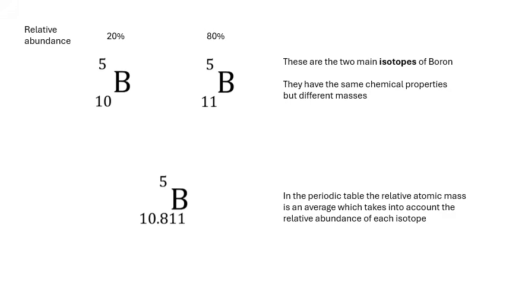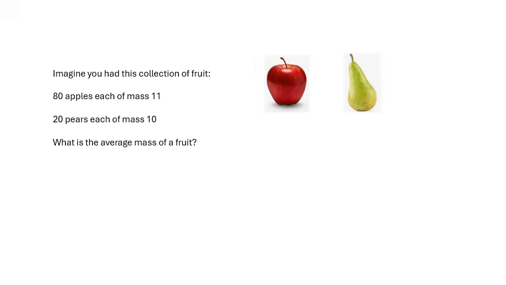So if you're going to work out an average and there's 4 times as many of the boron-11, then the average is going to be closer to 11 than to 10, isn't it? Yes? So in the periodic table, what we call the relative atomic mass, not the mass number, is an average for the different isotopes, but it takes into account the relative abundance of each isotope.